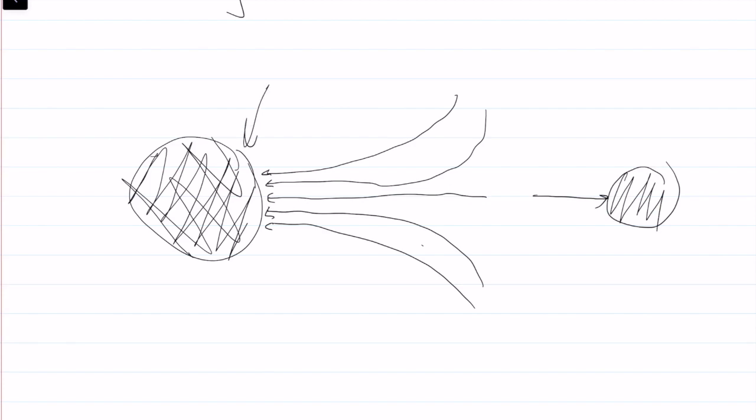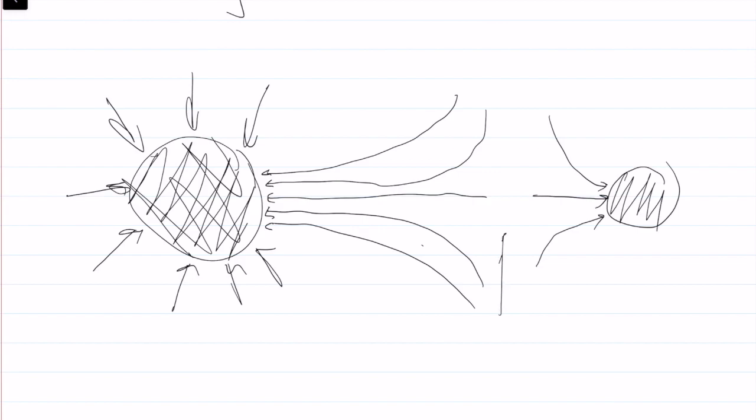So for this larger mass, I'm going to draw lots of arrows, indicating the field is stronger, whereas for the smaller mass, I'm just going to draw a couple of arrows, indicating that the force field is a bit weaker, so not too many arrows. And according to Newton's third law, these forces are equal in size but opposite in direction.